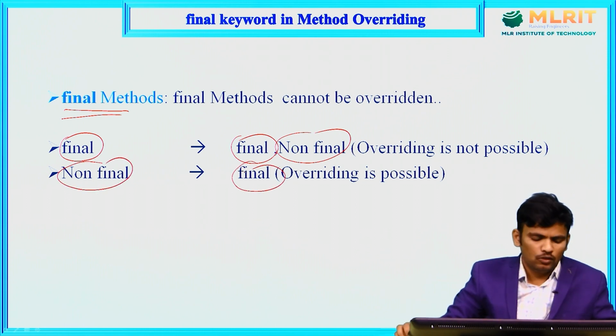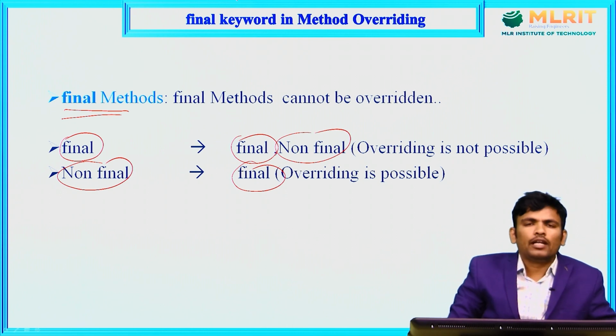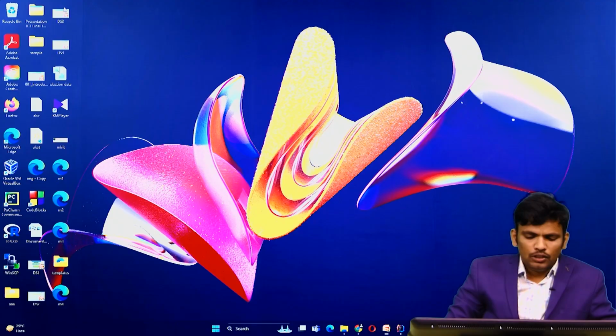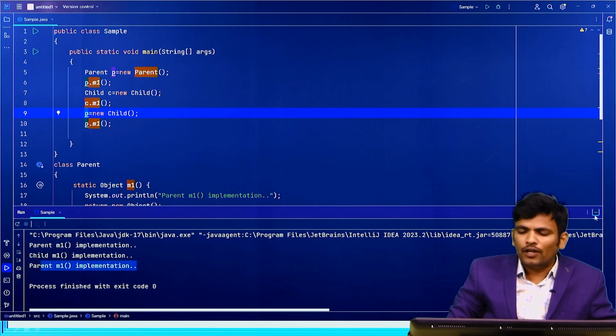Actually, what does the final keyword mean? If you declare any variable or any method with the final keyword, further changes are not possible. Method overriding means we are changing the implementation, and changing the implementation is not possible here. So the method overriding concept is not applicable if you are using the final keyword.